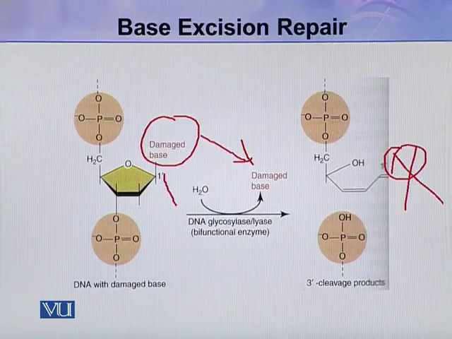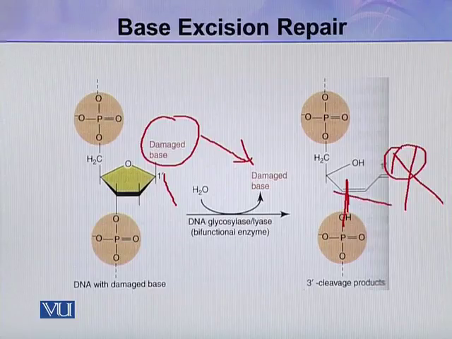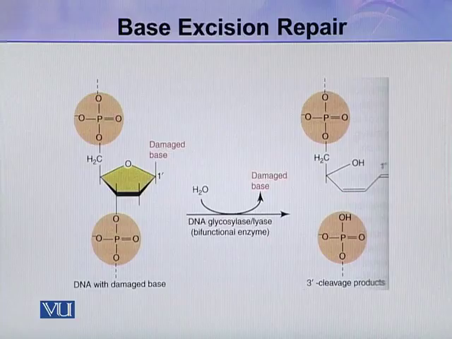The second step is the cleavage of this 3' linkage between the phosphate group and the sugar. So this bond is cleaved. In this way, this DNA glycosylase performs two types of functions, N-glycosyl cleavage and this ester bond cleavage.